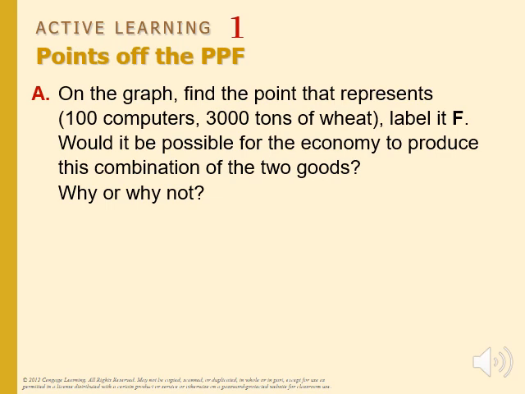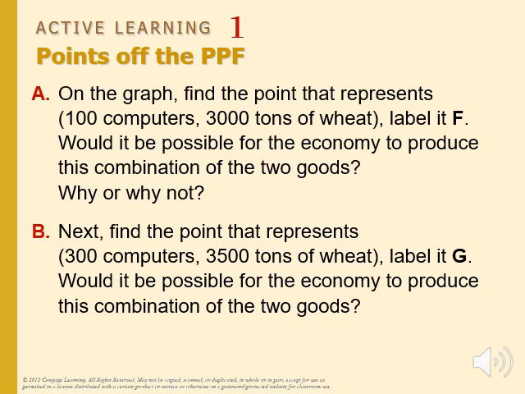Why or why not? Our second little exercise will ask us to find the point that represents 300 computers and 3,500 tons of wheat. Label it G. Would it be possible for the economy to produce this combination of two goods?